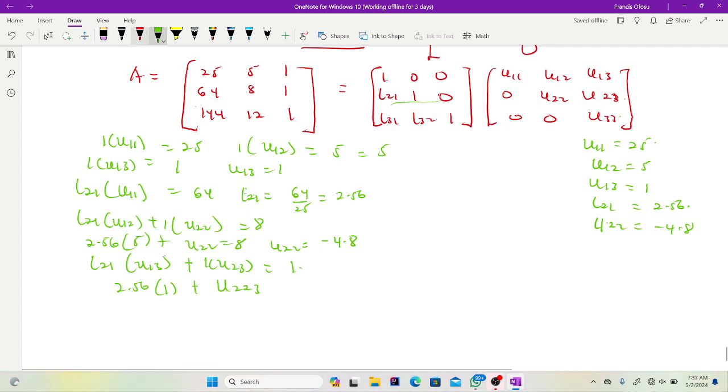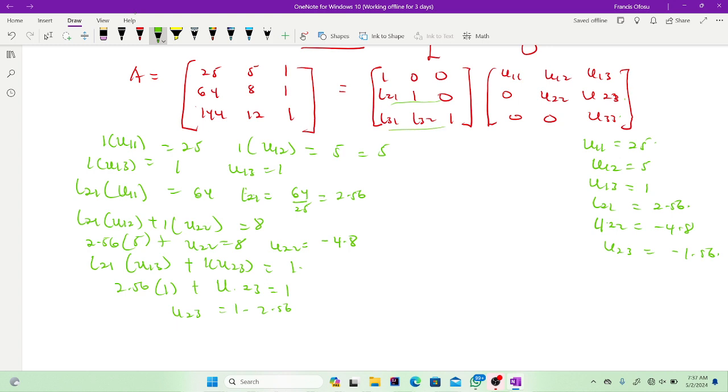So I want to solve for U23, then I'll get my solution. Here I'll get U23 equal to 1 minus 2.56, and obviously U23 will be equal to negative 1.56, right? Then I'm done with the second row.